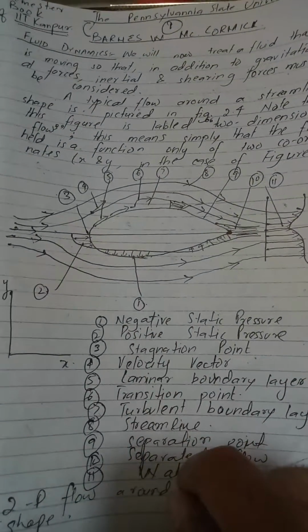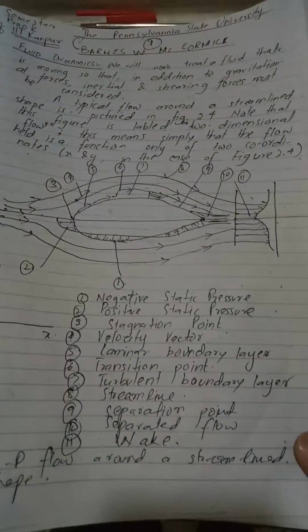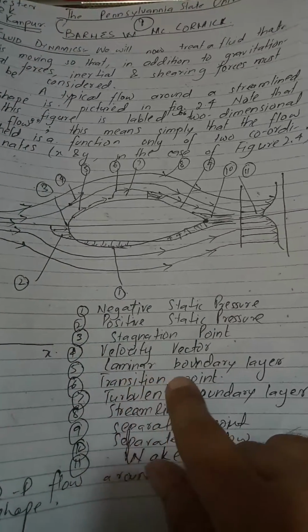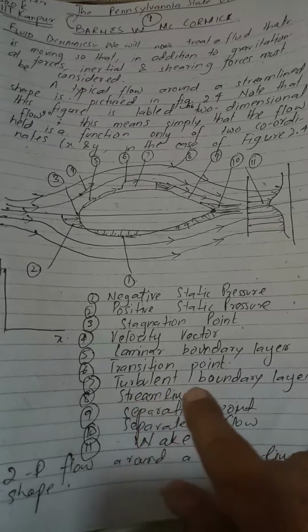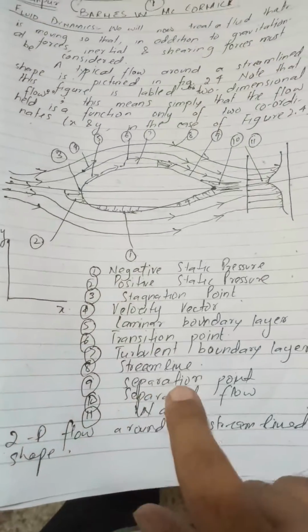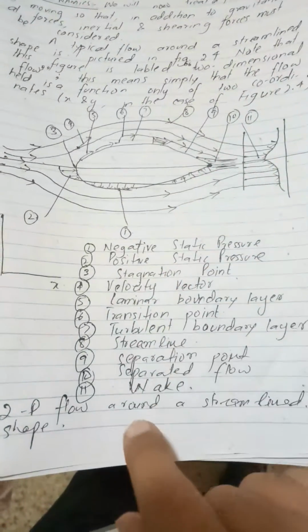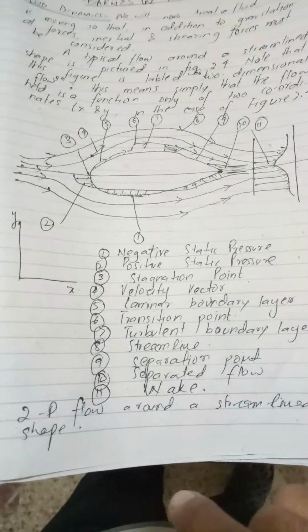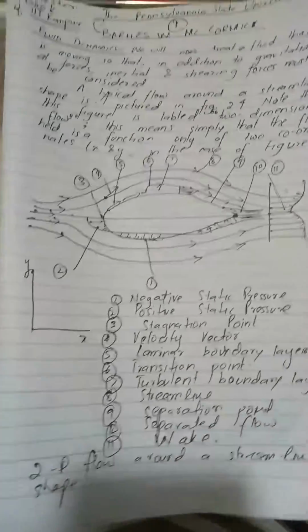There is no flow there. 4 is the velocity vector. 5 is the laminar boundary layer. 6 is the transition point. 7 is the turbulent boundary layer. 8 is the streamline. 9 is the separation point. 10 is the separated flow, you can easily see, and 11 is the wake. This is the wake portion. And this is a 2D flow around a streamlined shape.